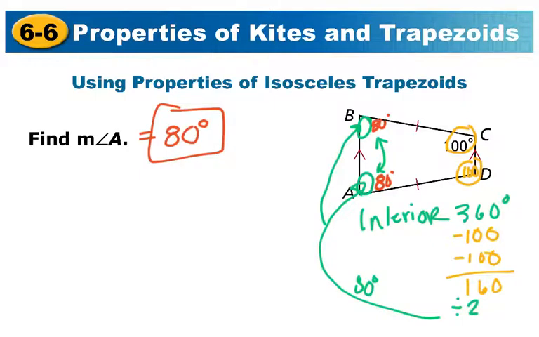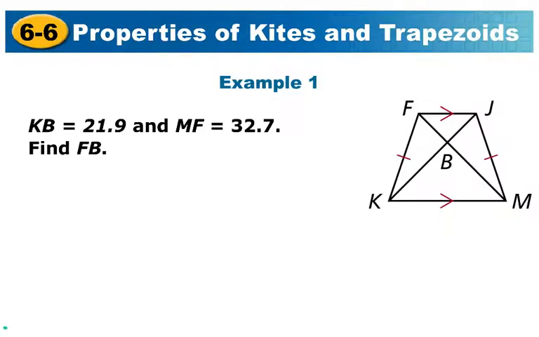Alright. Then moving on. Again, we have an isosceles trapezoid because you can see these two legs are the same, and of course our bases are parallel to make it a trapezoid to begin with. They're telling us that KB, which is this piece right here, is 21.9, and MF is 32.7.